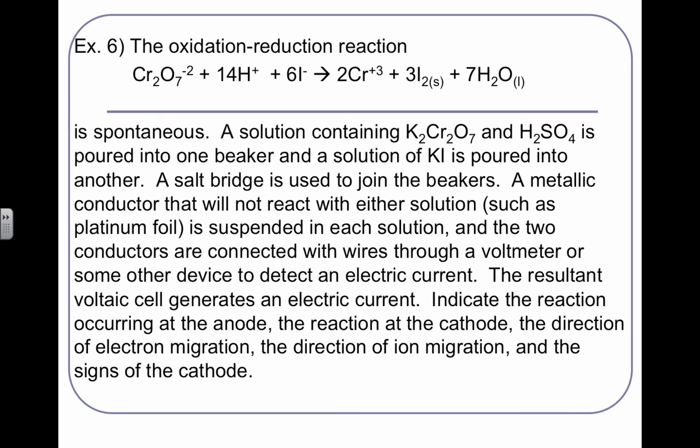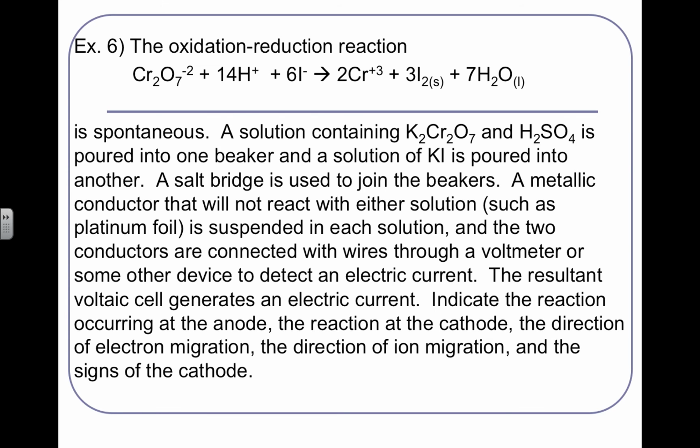A metallic conductor that will not react with either solution, such as platinum foil, is suspended in each solution, and the two conductors are connected with wires through a voltmeter or some other device to detect an electric current. The resultant voltaic cell generates an electric current. Indicate the reaction occurring at the anode, the reaction occurring at the cathode, the direction of electron migration, the direction of ion migration, and the signs of the cathode and anode.